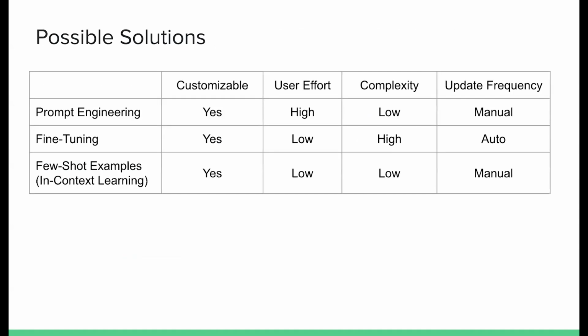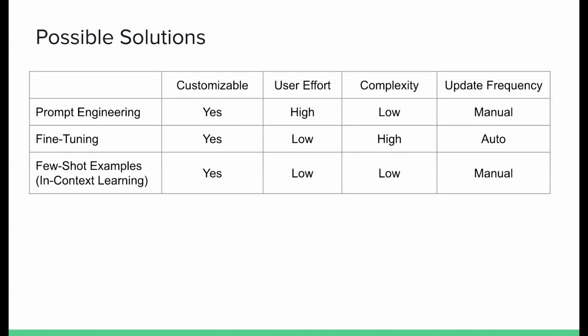And so, what do you do to teach an LLM something? Well, you've got a few different techniques. You have prompt engineering, fine tuning, and in-context learning, or few shot examples. When we look at these solutions, we're thinking about Dosu as a product, right? So users have to do these things.